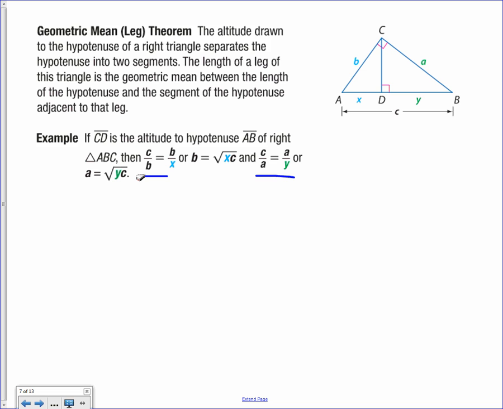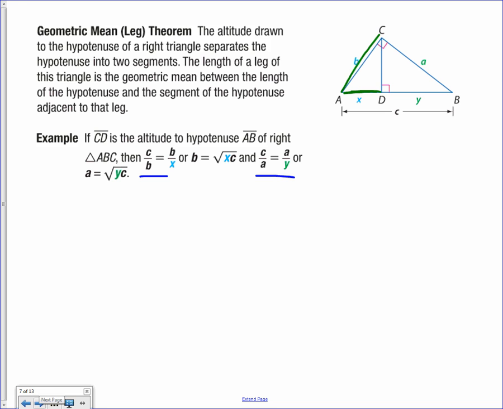We have C, the hypotenuse of the large triangle, over B, the hypotenuse of this smaller triangle here. That's our first ratio. The second then is B, which is a leg of the large triangle, over X, which is the leg that corresponds in the smaller triangle.